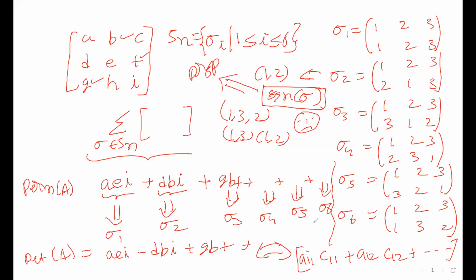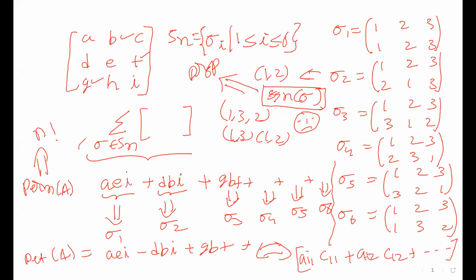What I want you to see is, if you go to the permanent algorithm, there are factorial n terms here. On the contrary, in determinant also there are factorial n terms, but there is an alternate formulation for determinant which is computationally efficient. How many of you got this one?